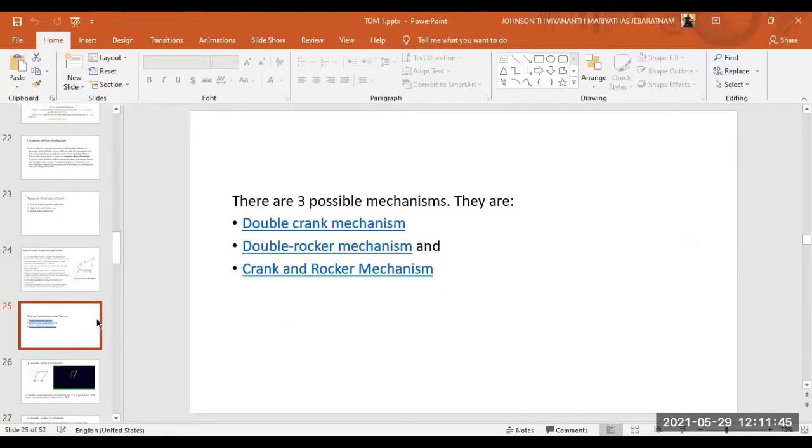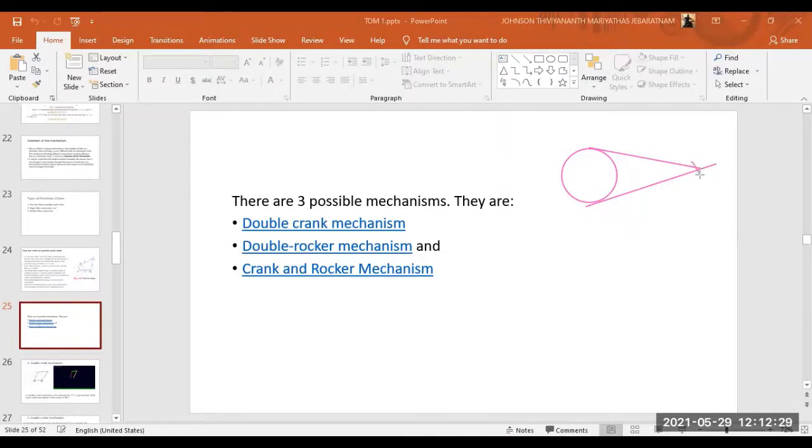There are three possible mechanisms in the 4-bar chain. They are double crank mechanism, double rocker mechanism, and crank and rocker mechanism. As I told you in the previous slide, a crank means the part which is making a complete rotation, and the part which is oscillating can be this follower, and this could be the frame.